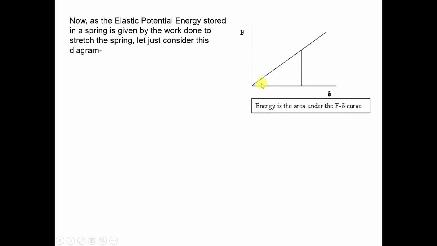Now this total work done under this triangle basically represents the elastic potential energy. So work done equals, we know, force into distance, and this work done is equal to the elastic potential energy, that is del PE, and this work done can be represented by the area under this triangle, which is nothing but half into F into distance x.